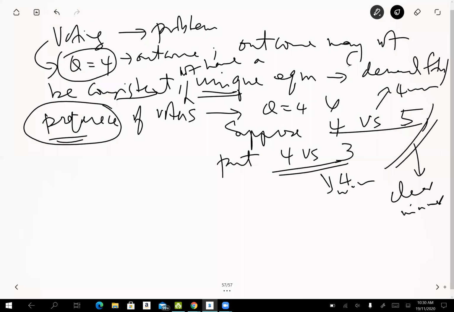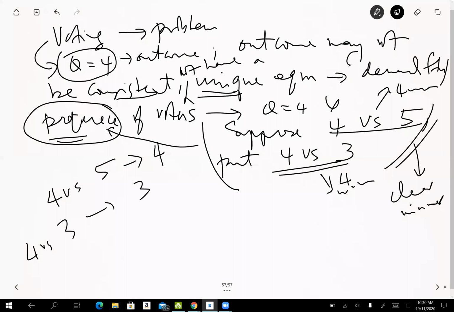Now, sometimes it may happen, and this is because of the problems with the preference of some of the voters. If I put 4 against 5, 4 wins. But if I put 4 against 3, then 3 wins. And then we can put 5 against 3, then what happened?